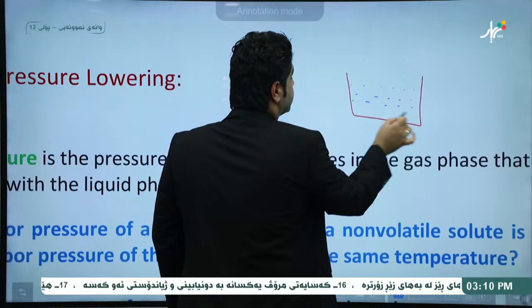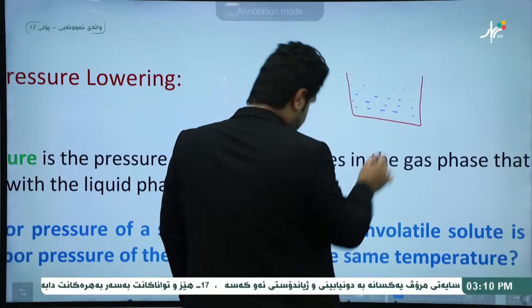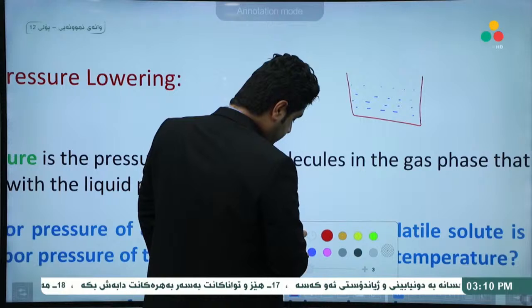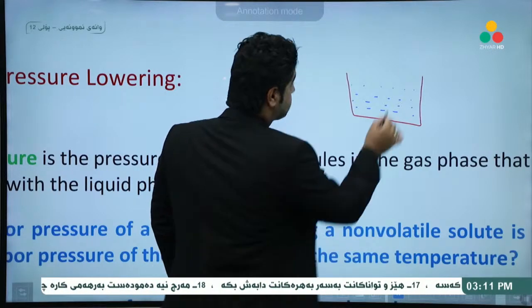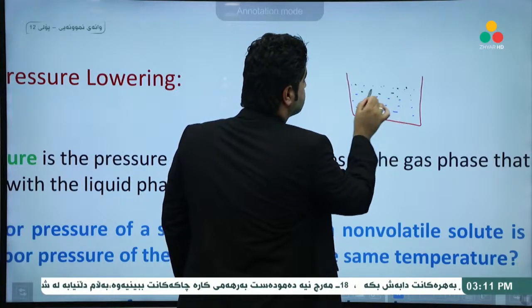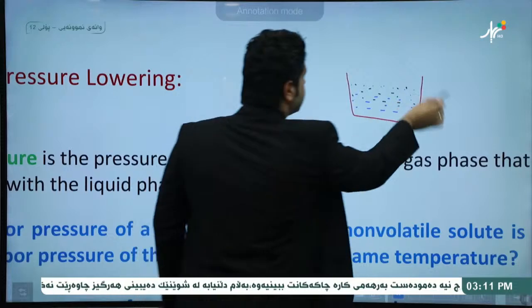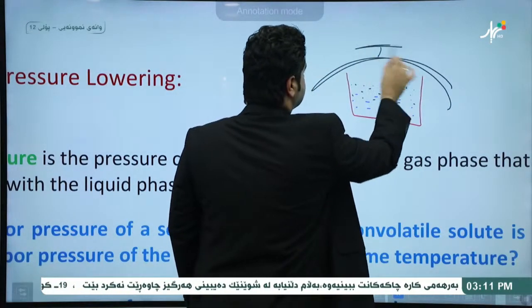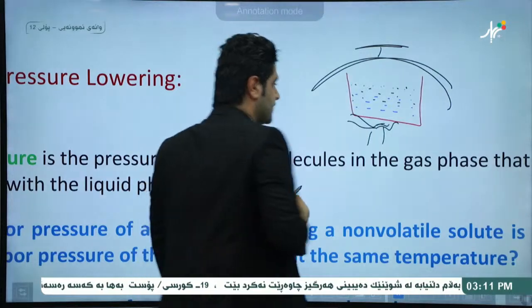Now, let's add the second molecules, the molecules of a solute. So the black ones are molecules of a solute. Again, close the container. Now, let's heat the solution.